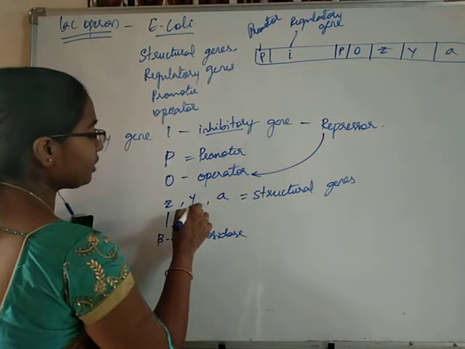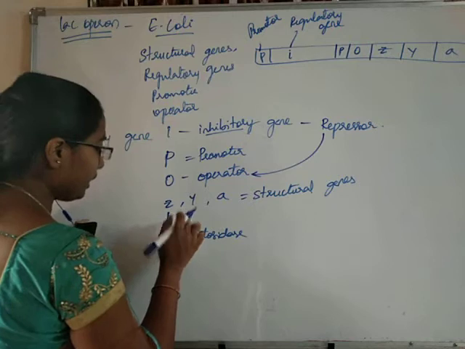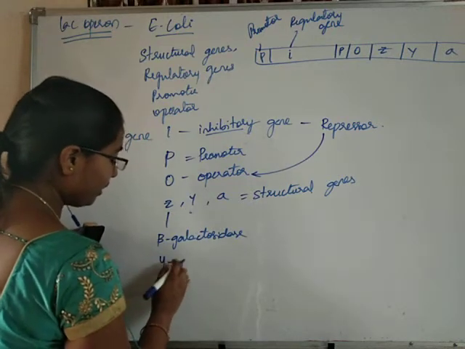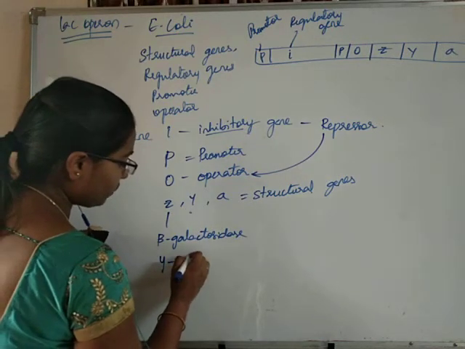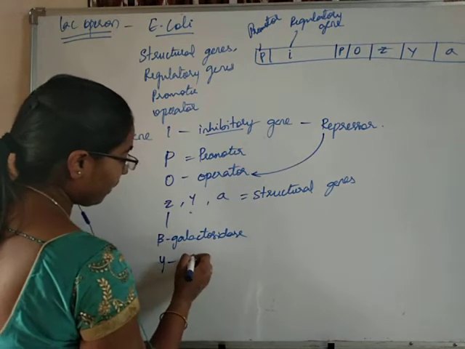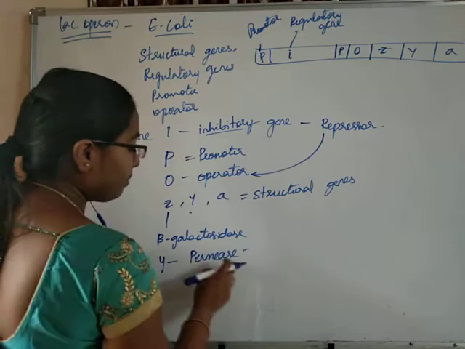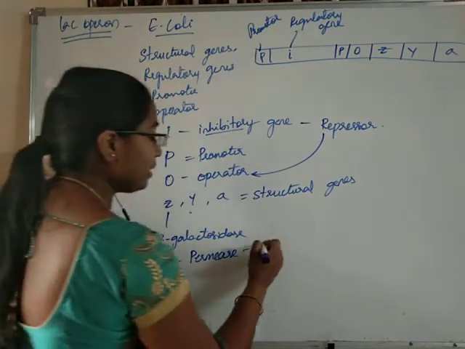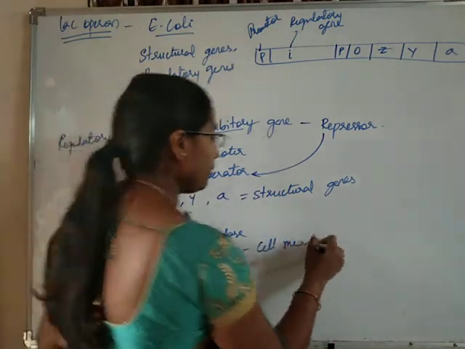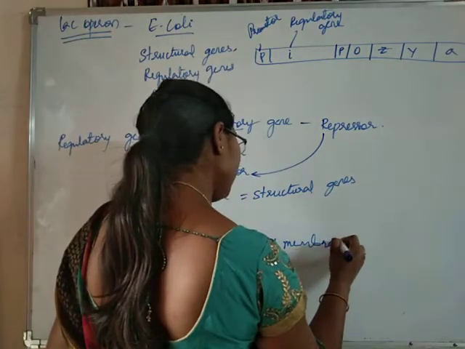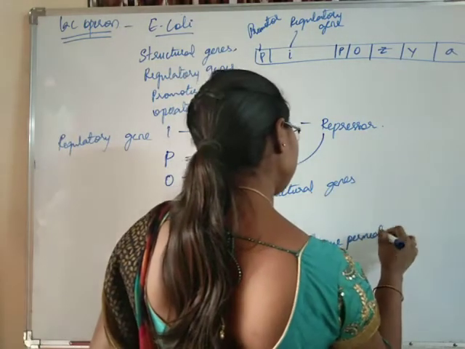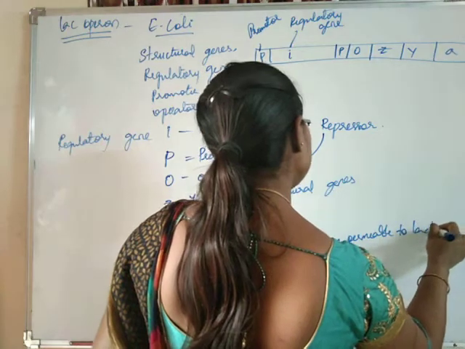Then we have another gene Y. Y is that structural gene which is coding for the enzyme permease. Permease is the enzyme which makes the cell membrane permeable to lactose.